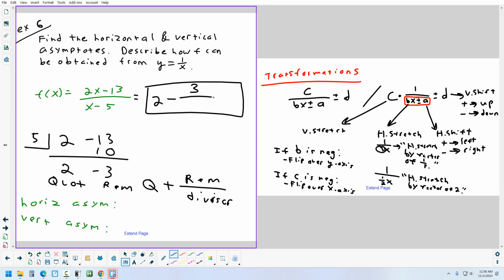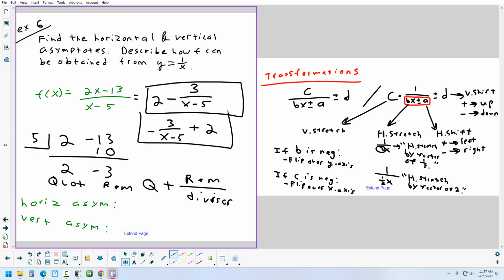And what was my divisor? x minus 5. That's my divisor, and 2x minus 13 is my dividend, my numerator. That and that are exactly the same thing. But the one on the right, I think if I did this, you'd see it even better: negative 3 over x minus 5 plus 2.